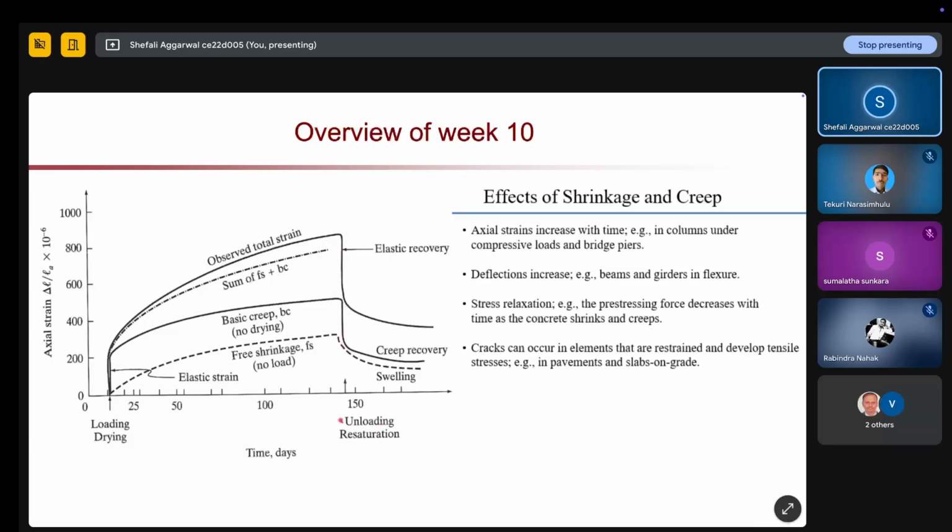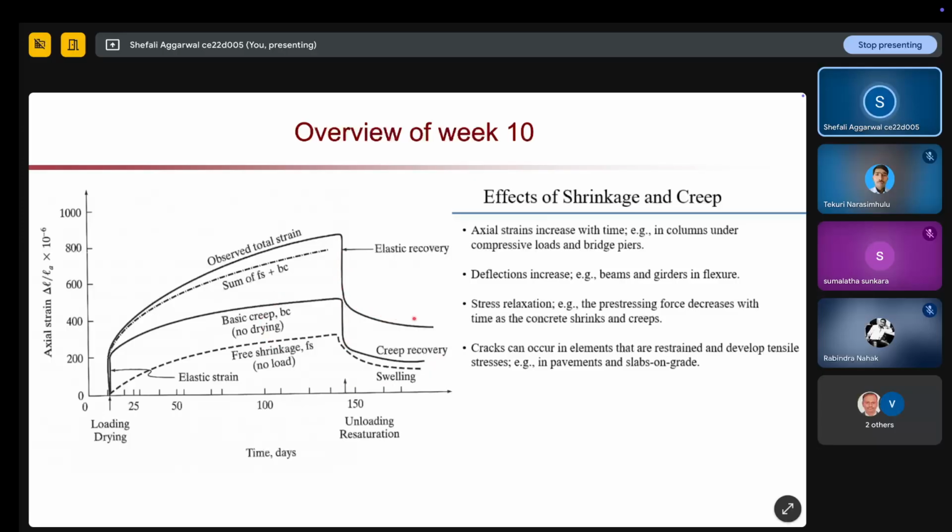So here there are two things. First, you are unloading it, that is in the case of creep, and second, you are resaturating it or adding more water to it. In that case also your strain value is recoverable, and it can be called elastic recovery.